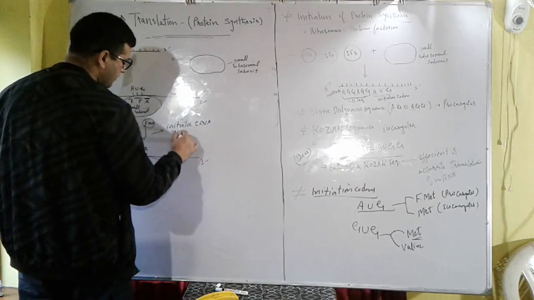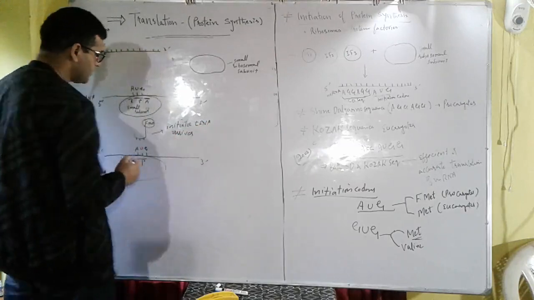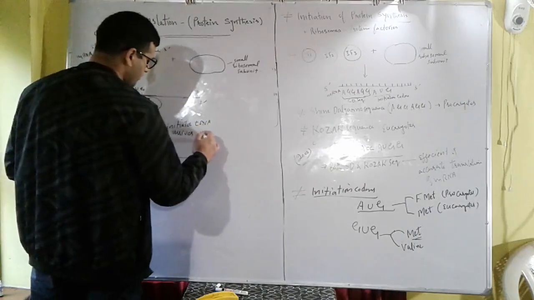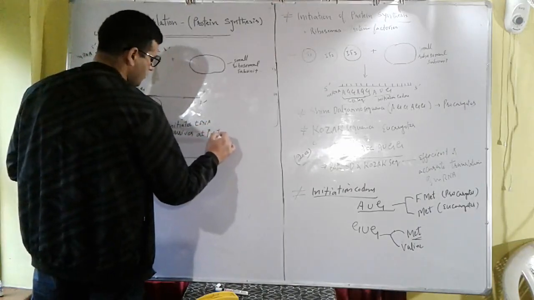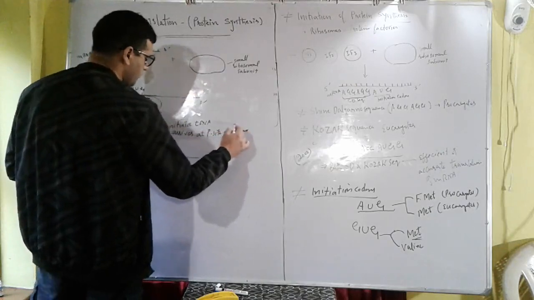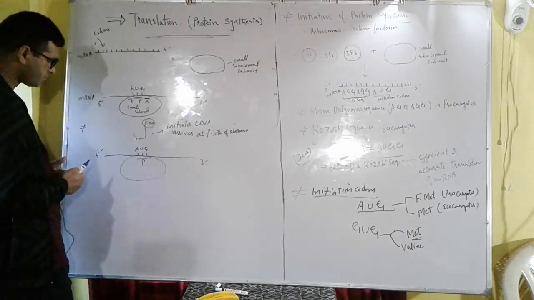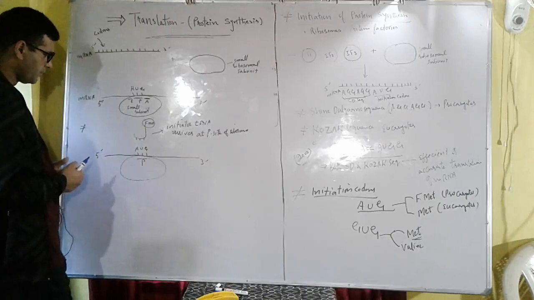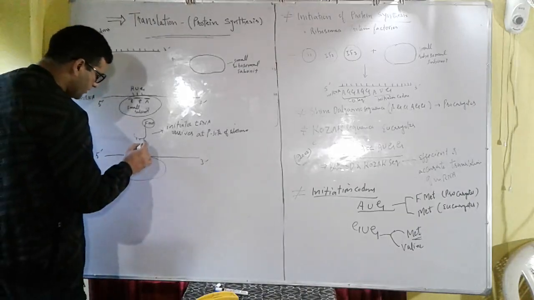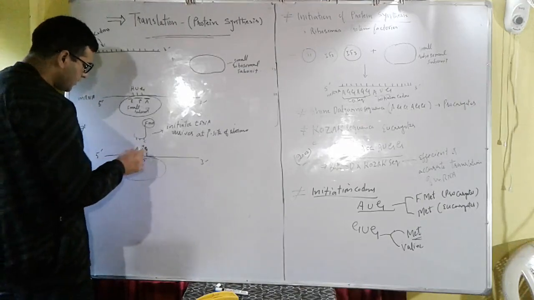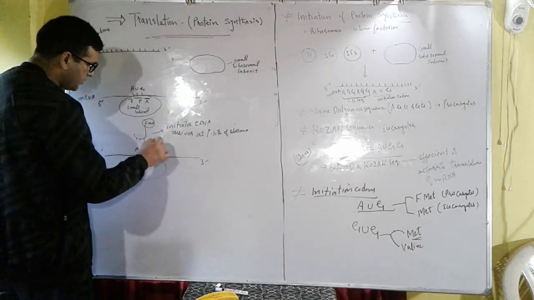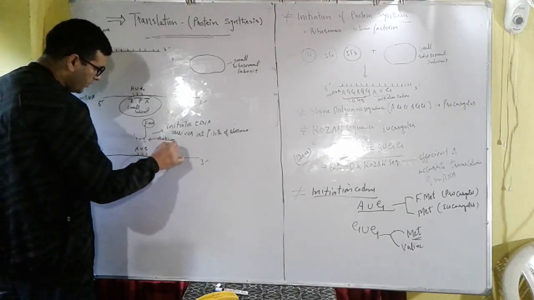This initiator tRNA arrives at the P site of the ribosome. This is the anticodon of tRNA.